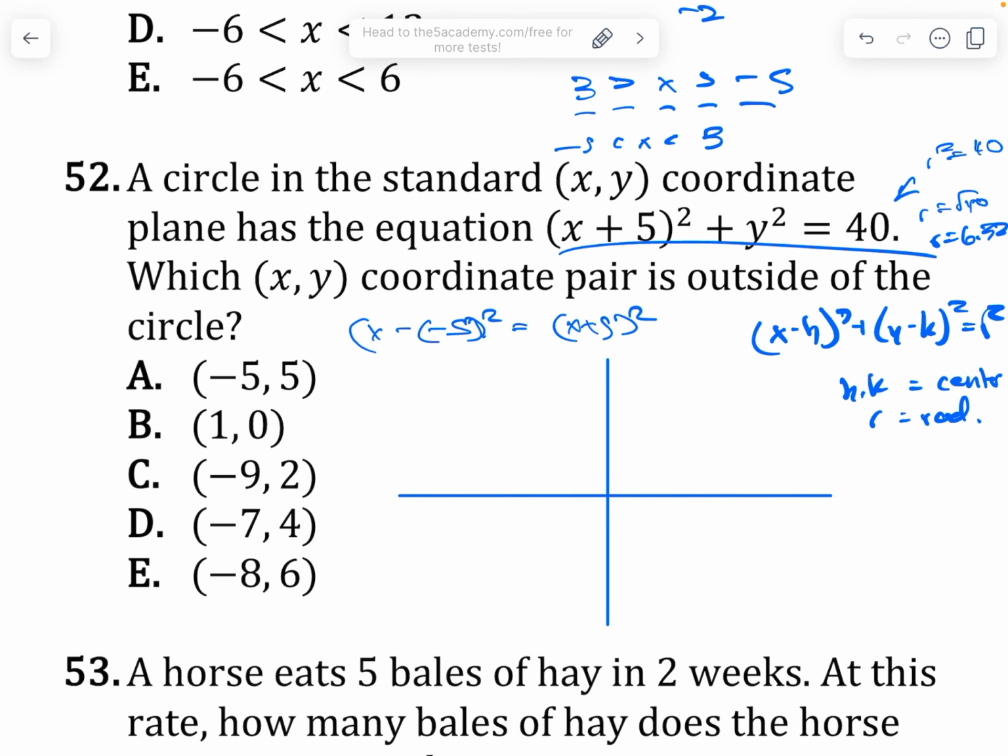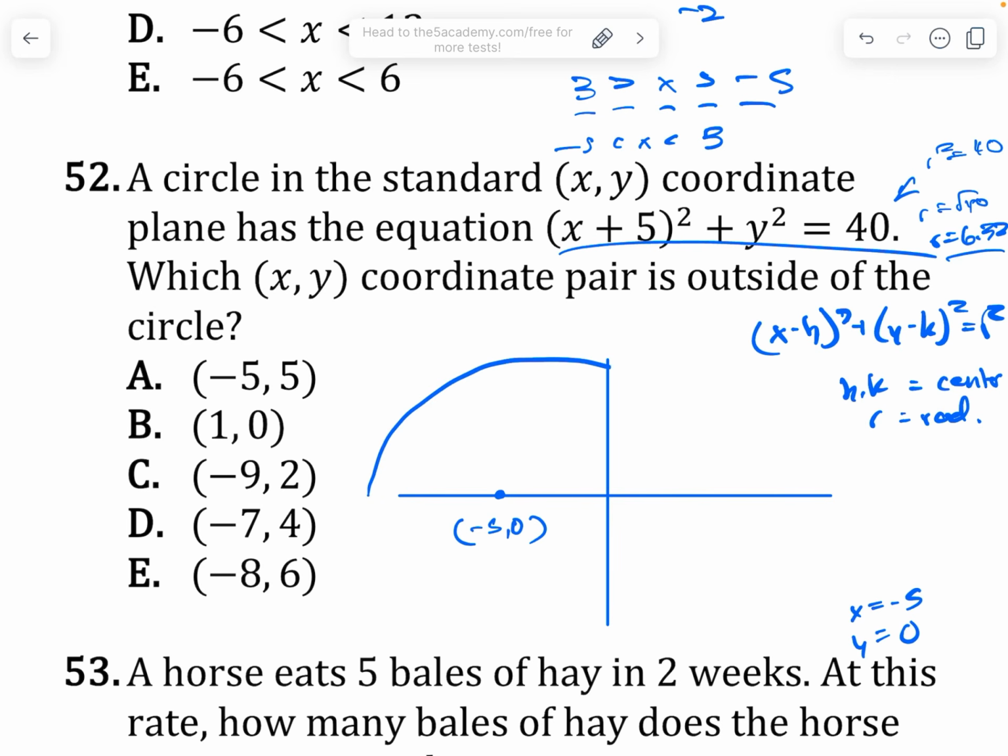That's why you see it written as x plus 5 when the parent form has a -5. So your center point is x equals -5, y equals 0. Okay, so -5, comma 0. And if I was to draw the circle, again, with a radius of about 6, it would probably extend something like this.